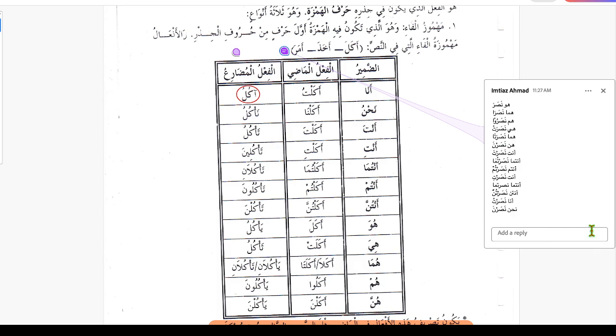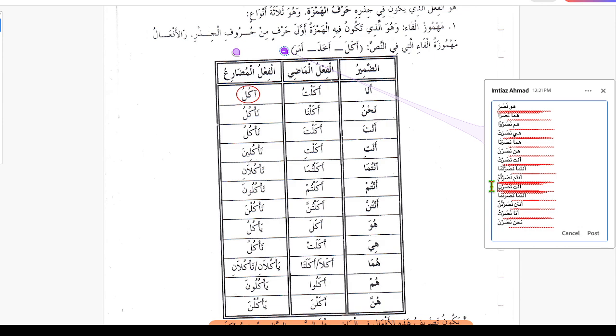Okay, now it is correct. So huwa nasara, huma nasara, hum nasaru, hiya nasarat, huma nasarata, hunna nasarna, anta nasarta, antuma nasartuma, antum nasartum, anti nasarti, antuma nasartuma, antunna nasartunna, ana nasartu, nahnu nasarna.